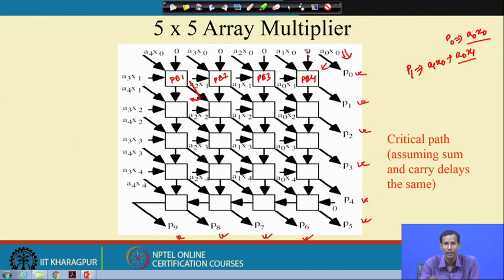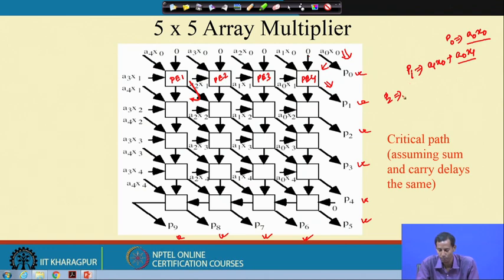In P4 it consumes 3 inputs and produces 2 outputs. So A1 x0 and A0 x1 are coming and they are producing this P1. Okay.